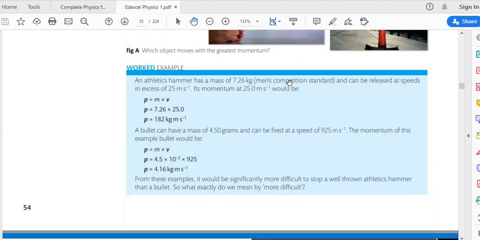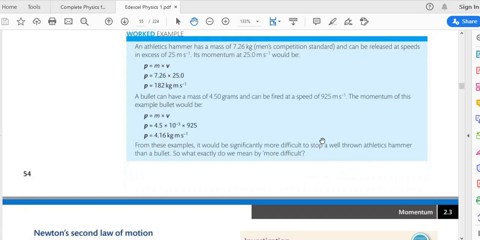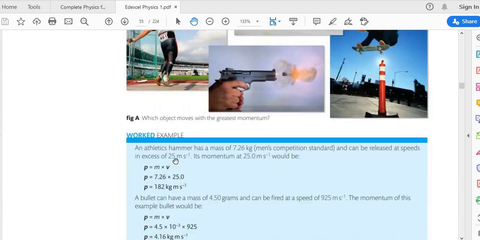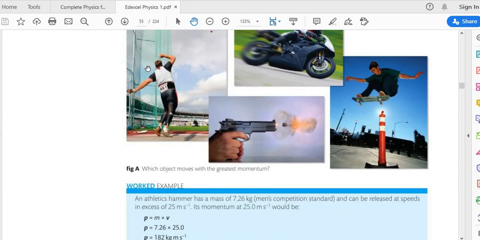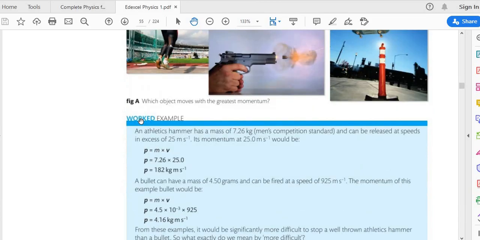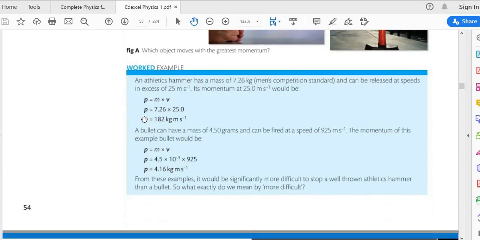So the greater the momentum, the more force is required to stop it. It would be significantly more difficult to stop a well thrown athletics hammer than a bullet. The athletics hammer is also something similar to this, where the athlete turns around and throws it. That's also an Olympic game.